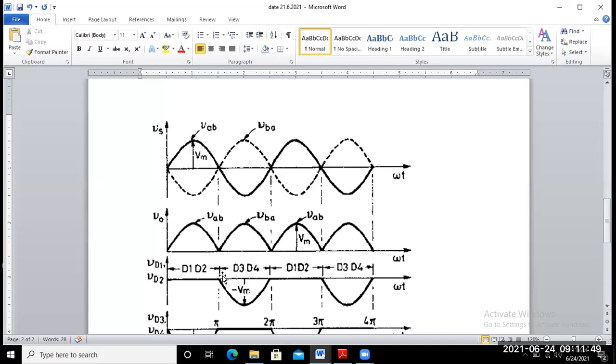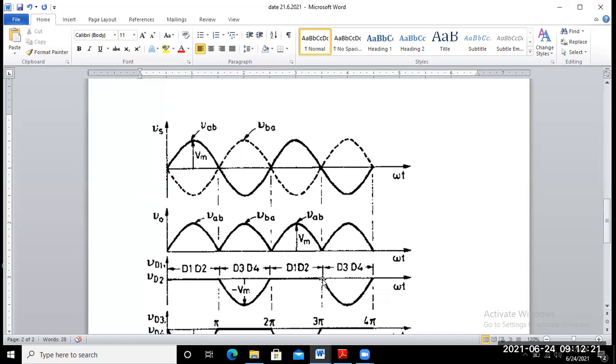And during this period, D1 and D2 are in reverse bias, but D3 and D4 are in forward bias. So the output voltage is obtained through D3 and D4. That's why the output voltage here is also obtained. Again from 2 pi to 3 pi, D1 and D2 become forward biased, so the voltage across the diodes D1 and D2 becomes 0 again, and then again becomes reverse biased.